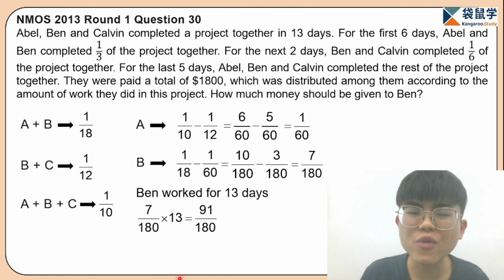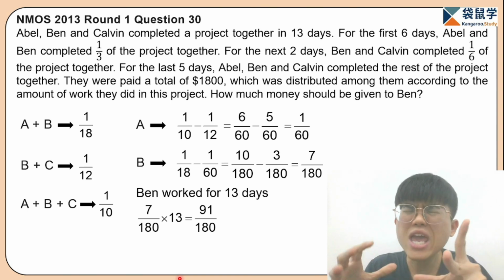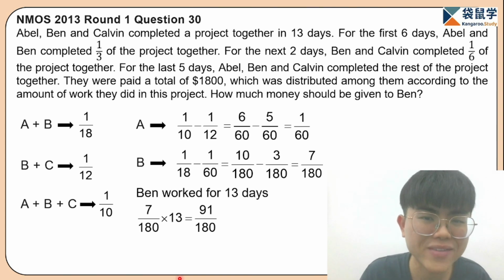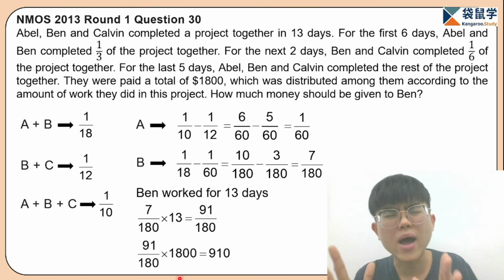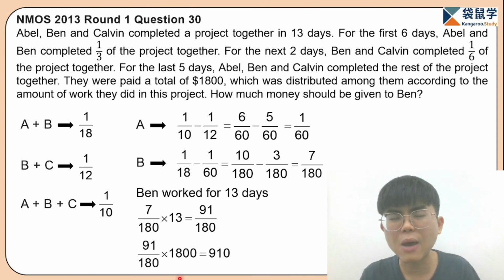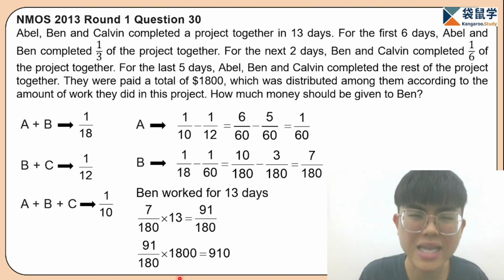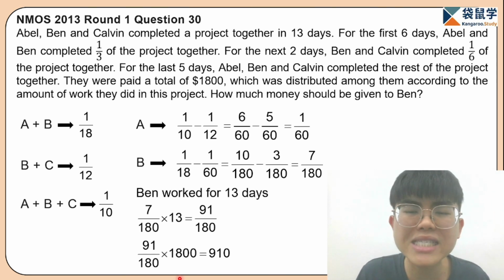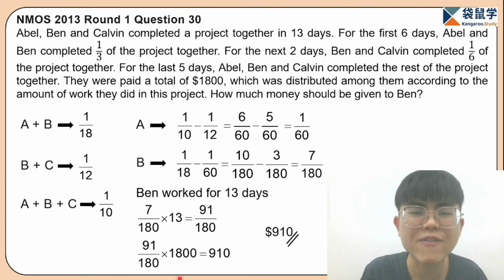In this question, we want to find the money that is given to Ben, which, as we just mentioned, depends on the work done. So you just have to use 91 over 180 multiplied by the total payment, 1,800. We get 910. So our final answer will be $910. This will be the money that should be given to Ben.